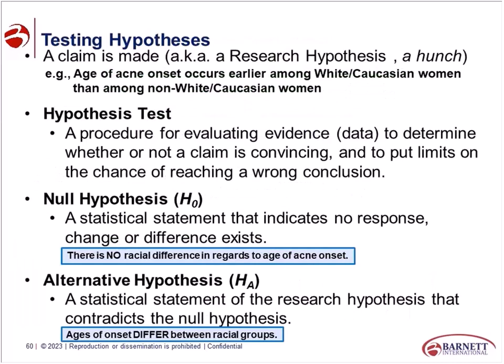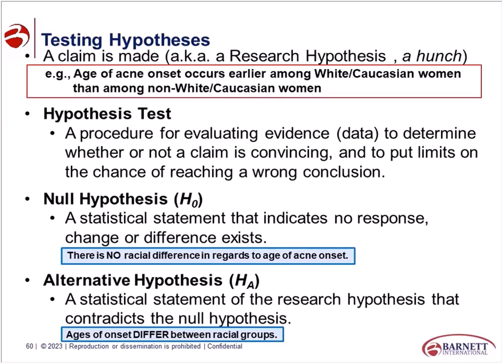In terms of how we do hypothesis testing in statistics, just like any clinical trial, this is not a clinical trial, but we have a research hypothesis. We say that the age of onset occurs earlier in white Caucasian women than among non-white Caucasian women. We can come up with these research hypotheses based on observational studies and other types of surveys. In clinical trials, often we derive these research hypotheses from phase 1 and phase 2 trials, where we do animal studies and laboratory studies, and we say, yes, we've seen some differences, now we want to move on to phase 3.